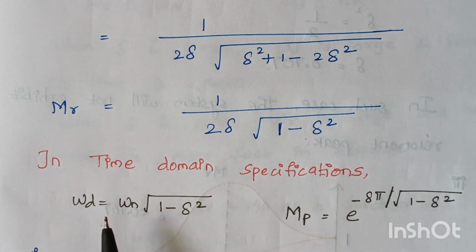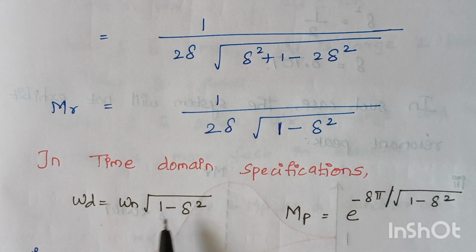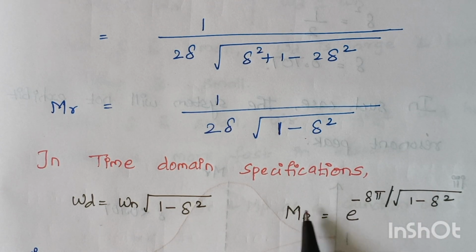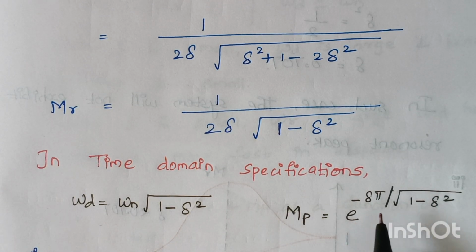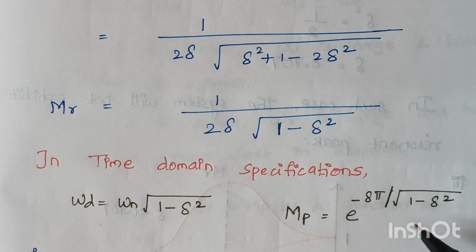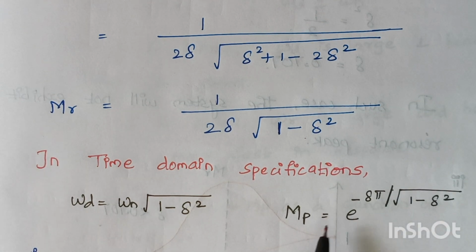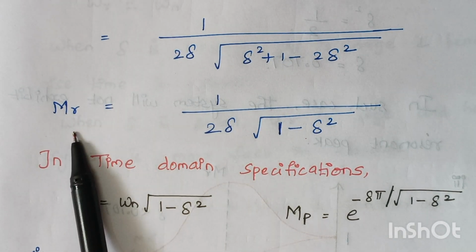So omega d is given by omega n into root of 1 minus zeta square, and Mp, that is peak overshoot, is given by e power minus zeta pi divided by root of 1 minus zeta square. Right, I have discussed these topics long before and I made separate videos for this. Even if you have any doubt, go back and check it, right? So now we have expressions for Mp and expression for Mr.